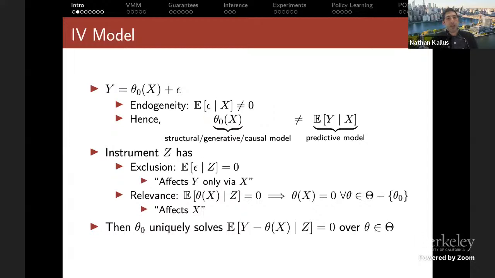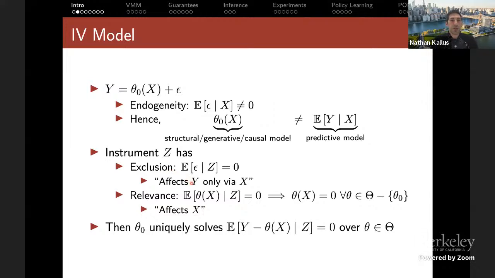So IV is this tool that is very common in applications like econometrics that has some special properties that's essentially capturing the fact that it's giving us some sort of natural randomization in order to capture some sort of quasi-experiment that's hidden in the data. So one of the conditions it has to satisfy is exclusion.